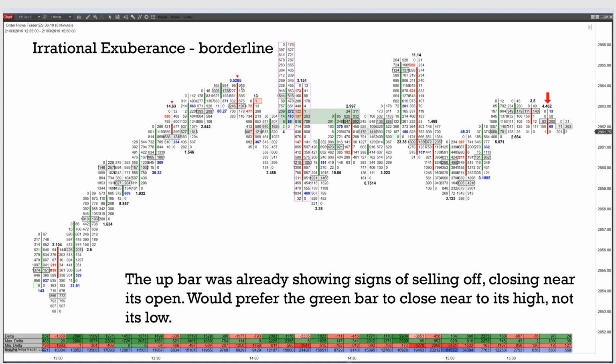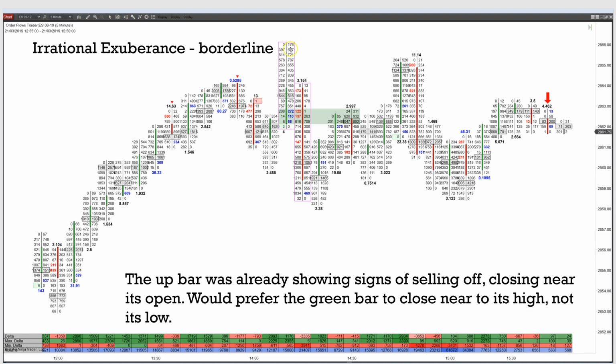I'll say engulfing pattern, but it's an outside bar already closing below the low, which is a bearish sign. Then you get this bar right here, 15,000 contracts traded, but it's not the type where it closes up near its high. It's already sort of reversing, and then obviously you get the big down bar here, again on very heavy volume with big negative delta, but this is not really what I would consider irrational exuberance.